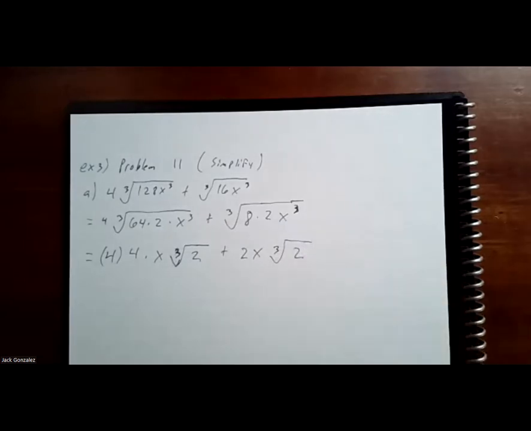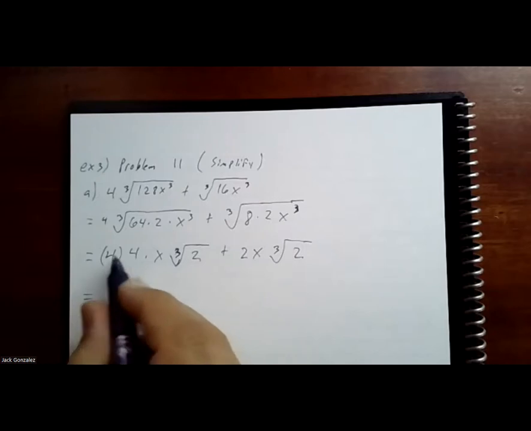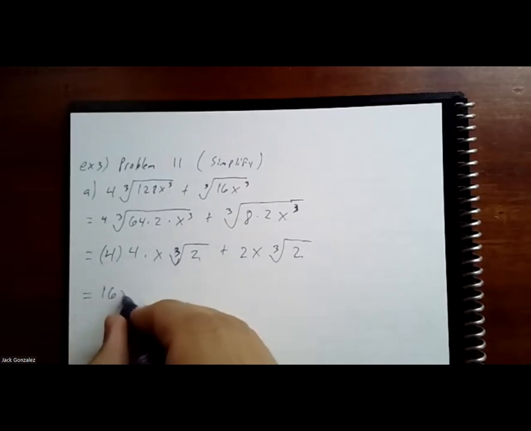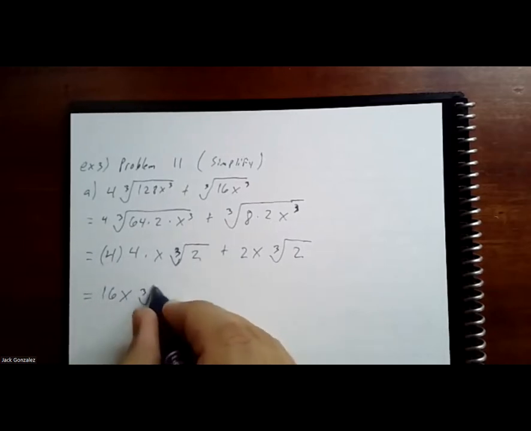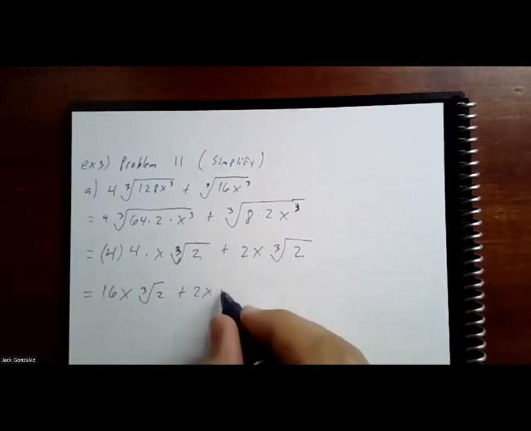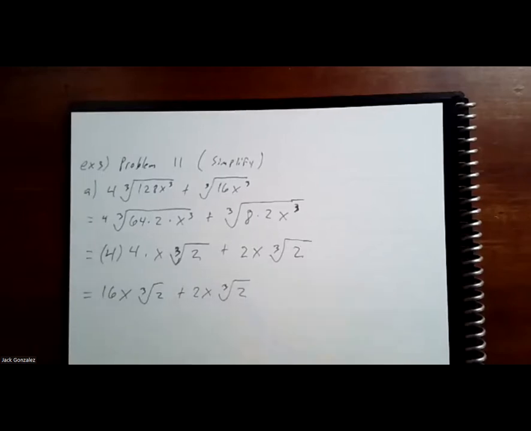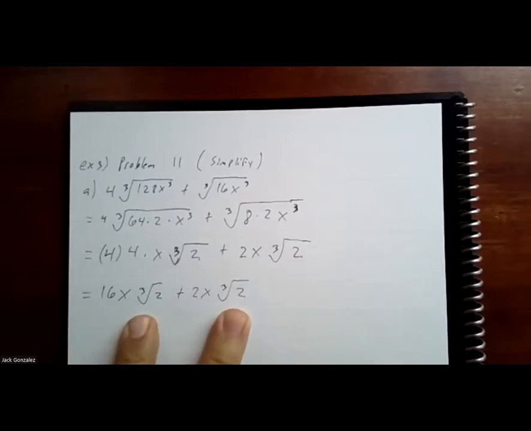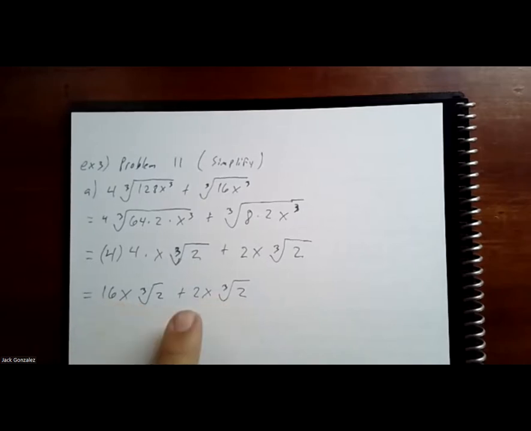Okay. Simplify everything. 4 times 4 times x. 2 times x, well, that's just going to be itself. Now notice that it's the same type of root, right? So you can add these now. 16 plus 2.